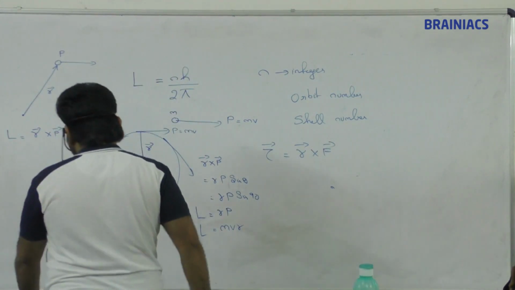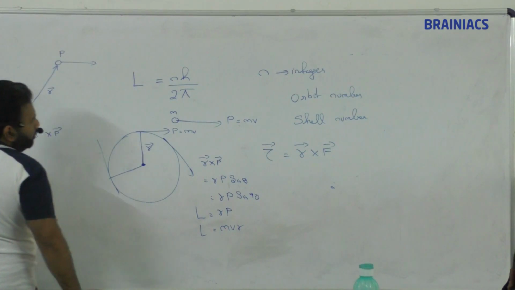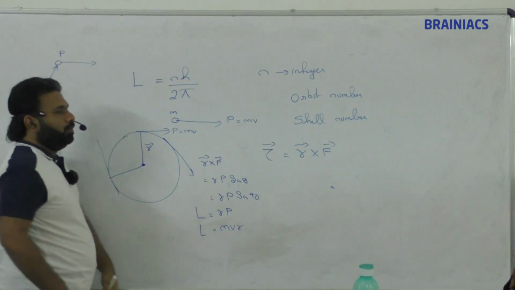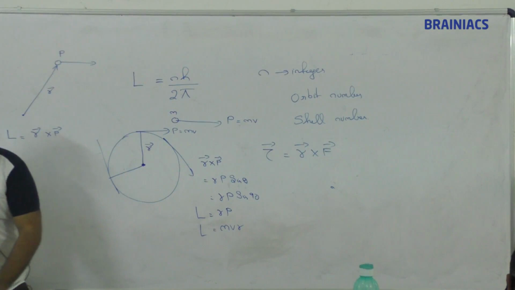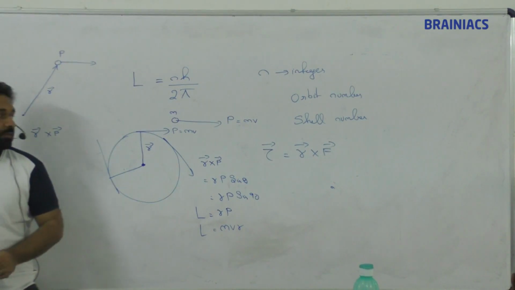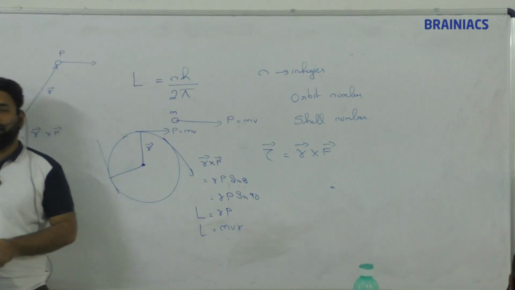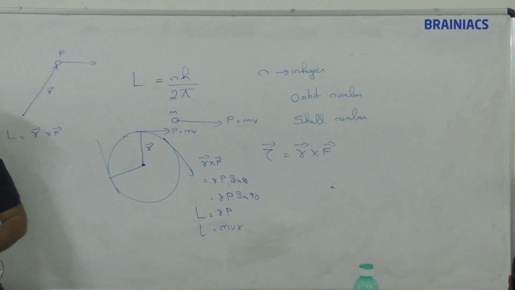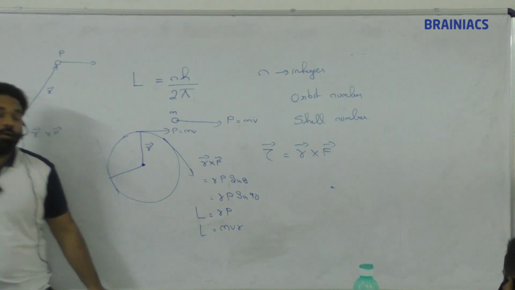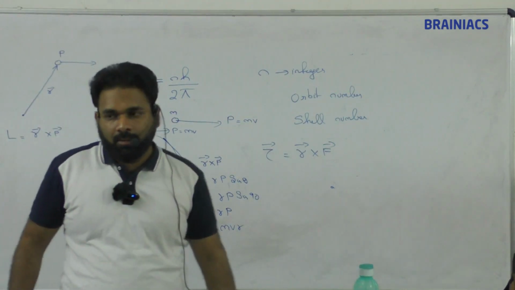Clear? So shall I erase this? Those who don't know the basics of this, you can note it down. These things will come in detail. This is orbital angular momentum.